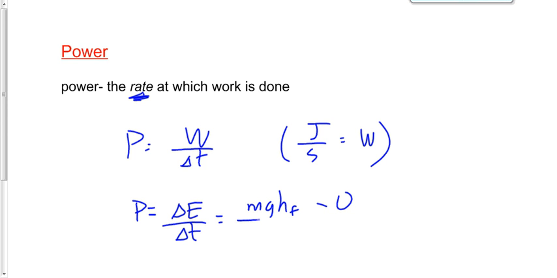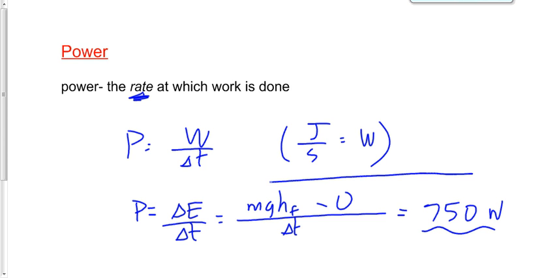Change in energy was potential minus 0 over the time. You multiplied your mass times gravity times the height of 3 meters, divided by the time, and you get varying values of power. Some of you got 200 watts, some of you got 700 or 800 watts. We saw yesterday as well that if you had a power of over 750 watts, then you're as strong as a horse for 3 seconds, or however long it takes you to run up those stairs.